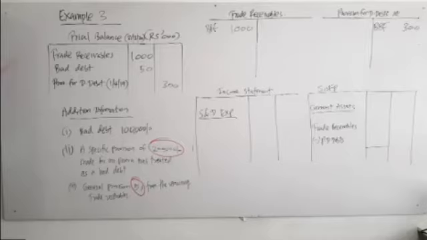In additional information, number 1 is bad debt 100,000. Number 2, a specific provision of 200,000 made for Mr. Pereira was treated as a bad debt. So last year they made a specific provision of 200,000, so it becomes bad debt this year. Then general provision is 5% from the remaining trade receivables.